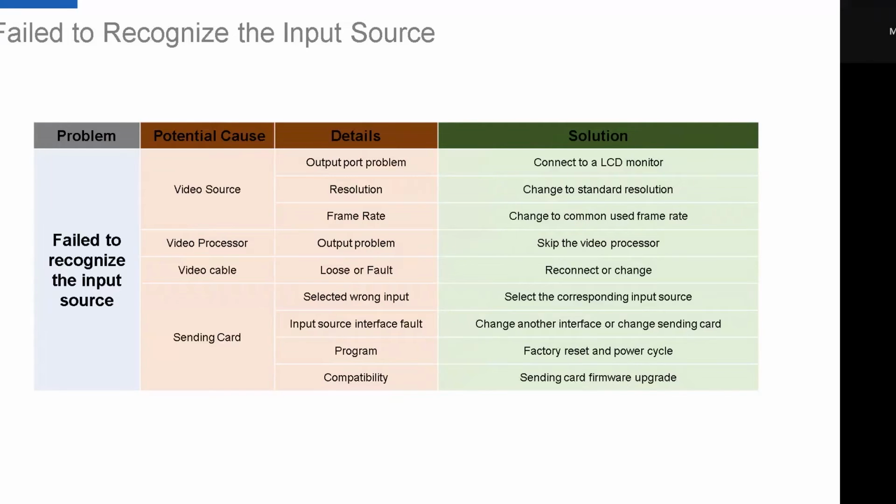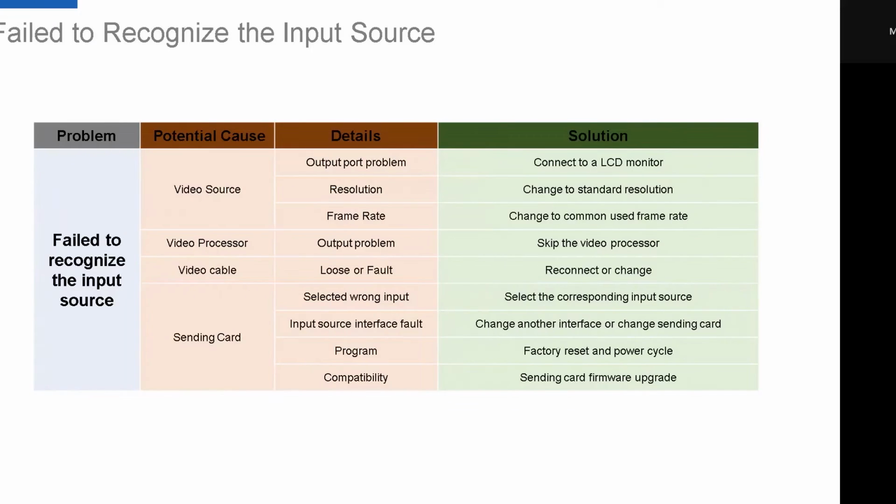So we need to change to a standard resolution like 1920 by 1080, the 1080p resolution, and feed it to the video processor or controllers to see whether it can be recognized. We also need to check the frame rate, which is the third one, of the video source. Make sure the frame rate is a commonly used one, like 60 Hz.